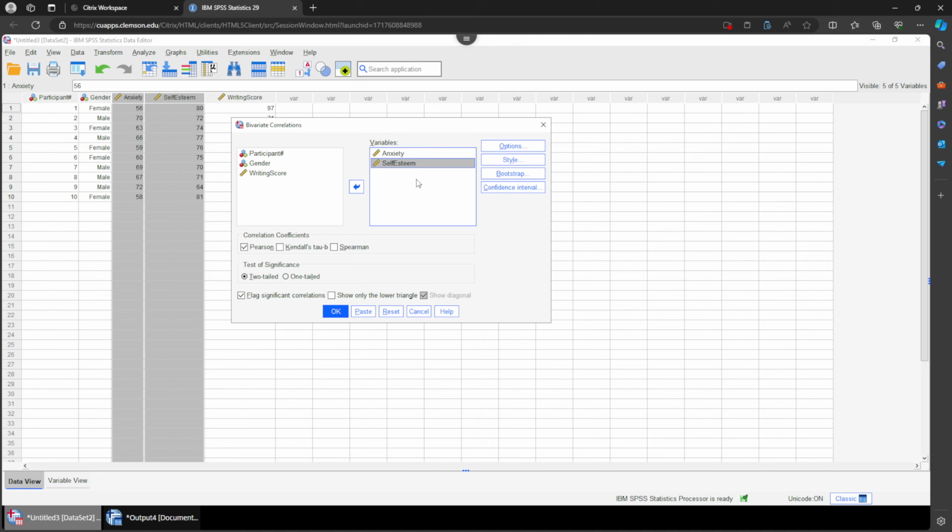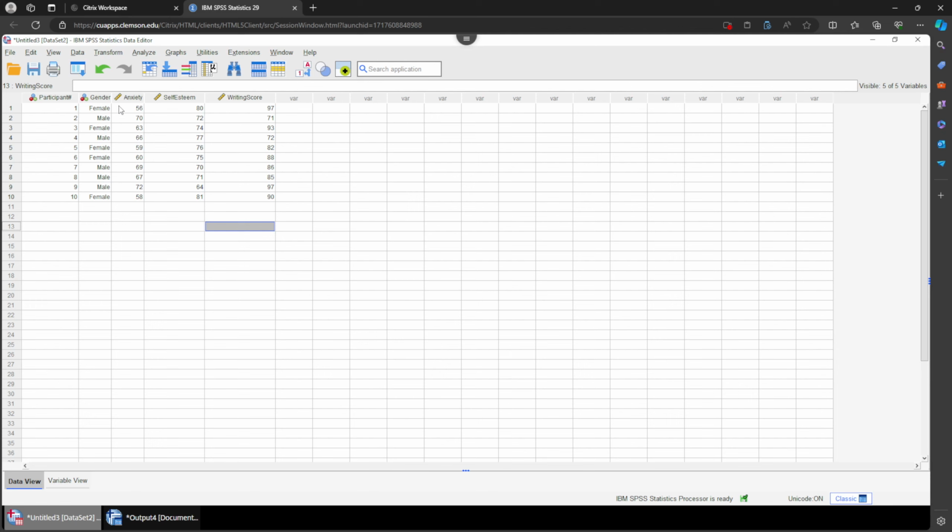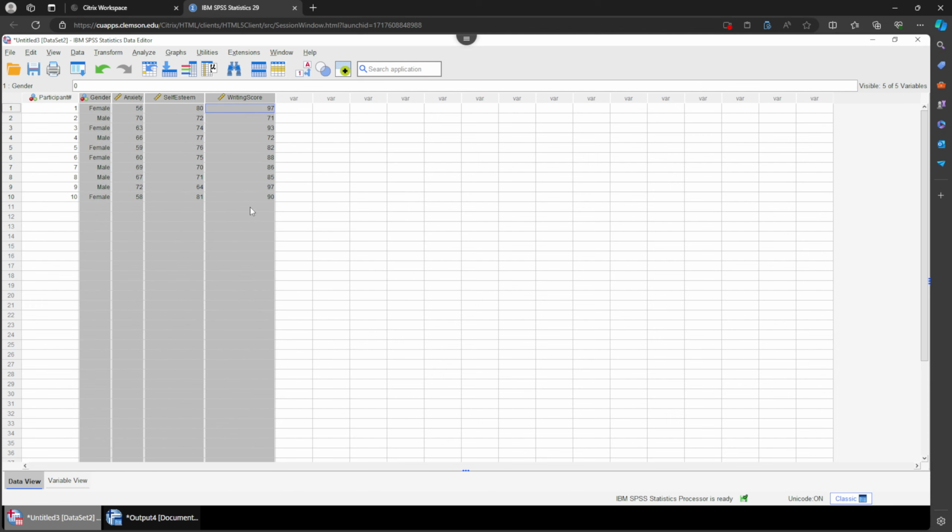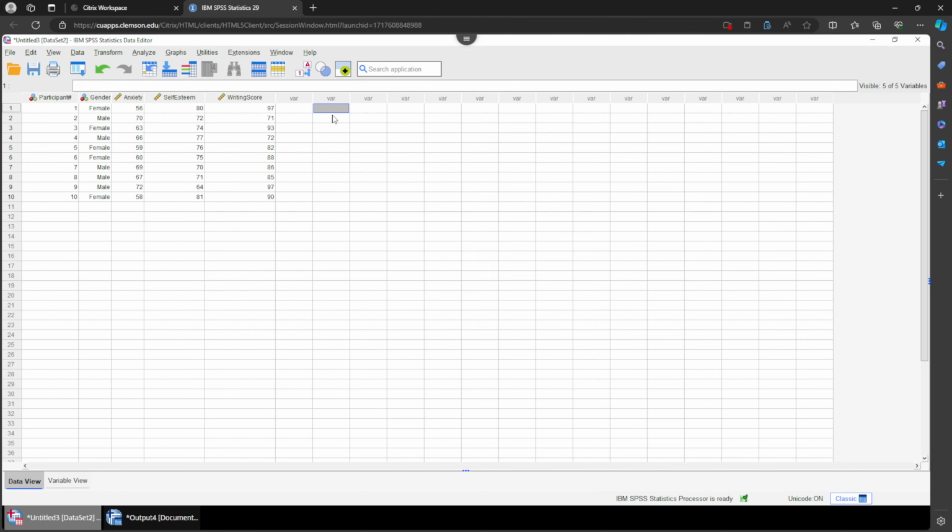However, this means that I'm going to have to come back and do this over and over and over again for each of my 4 hypotheses. So a better way, rather than doing this, is to actually take all 4 of my variables and include them in the list to create what's called a correlation matrix table.